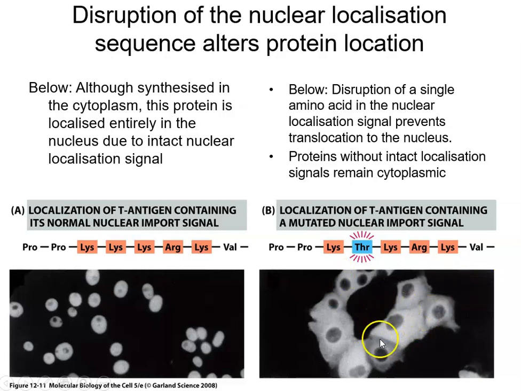And so this illustrates that by changing one amino acid of one signal sequence, we go from this pattern of it all going into the nucleus to this pattern of the protein being made in the cytosol. This protein has no functional signal sequence, so it stays in the cytosol, and we can see the outline of the nucleus, and inside there is no protein present. So this is purely an illustration of how powerful those signal sequences are, and then we'll cover the nuclear import-export pathway that uses this signal sequence in a subsequent lecture.